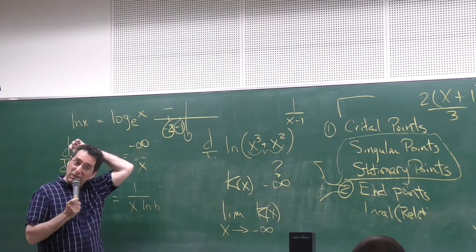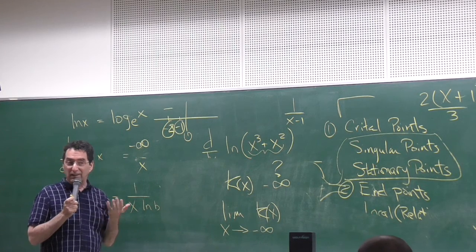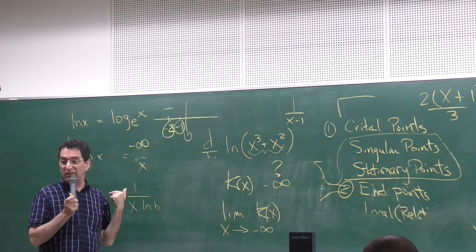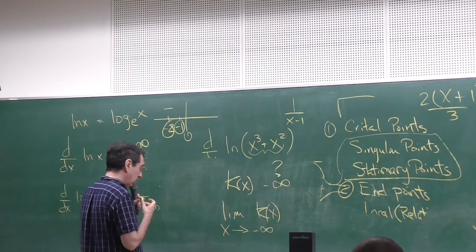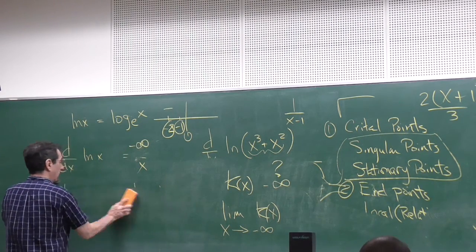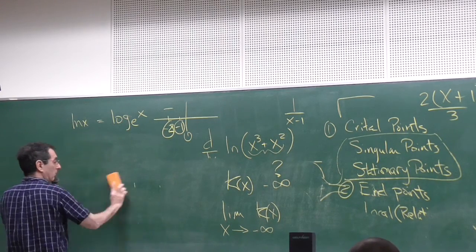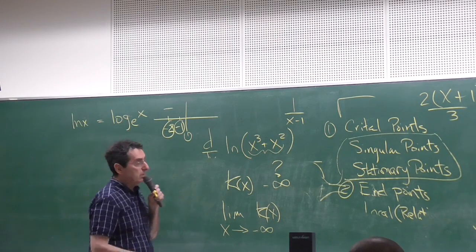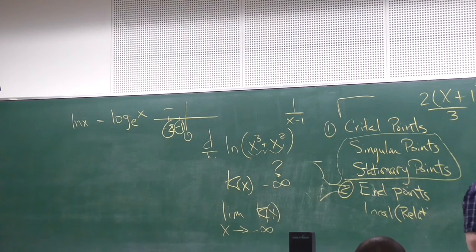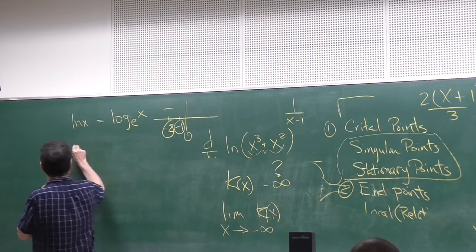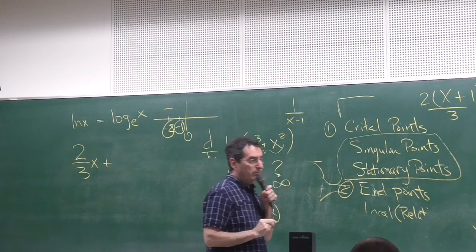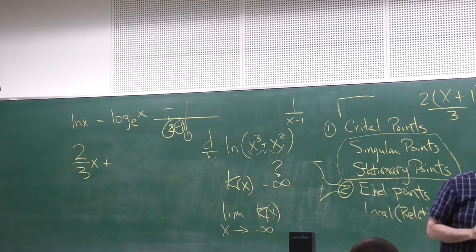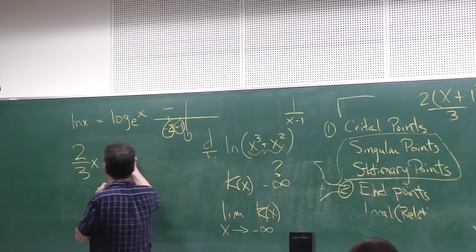So that's asking what's happening as x gets more and more negative. How can we do that? So what was the original K? It is 2/3 x plus x plus 1 to the 2/3.